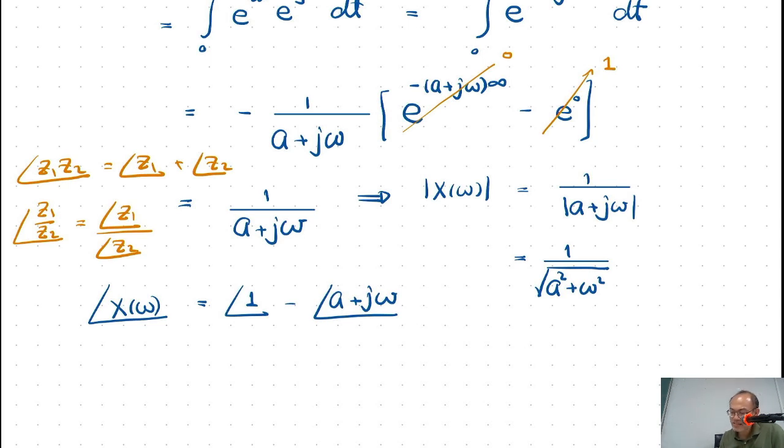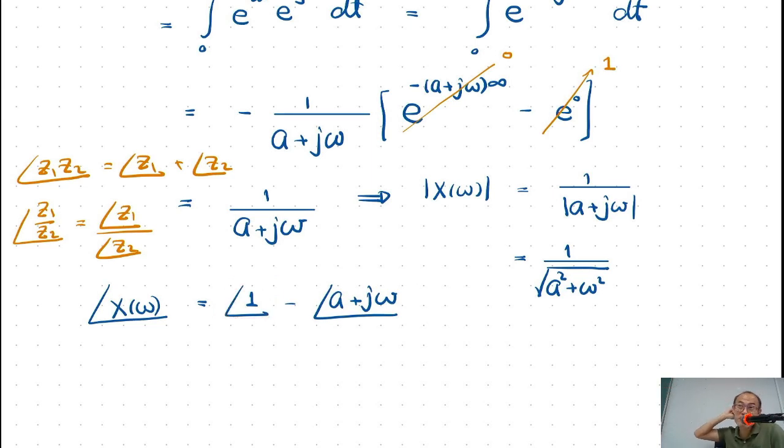But now, in this case, z1 is 1, right? So I'm writing down the phase of 1 minus the phase of the denominator, which is a plus j omega. So it is this guy. Now the phase of 1 is what? Anybody, can you answer me? What is the phase of the number 1? The phase of number 1 is just 0, right?